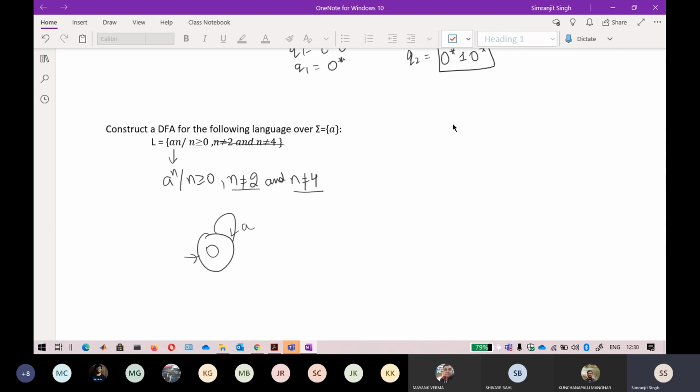Keep in mind that the input alphabet is only a. So there is no worry about b.